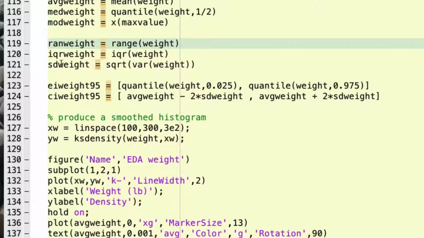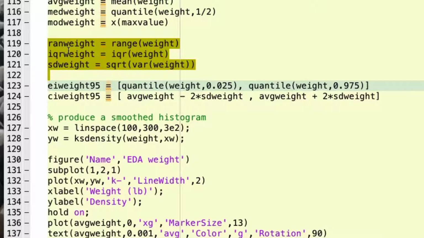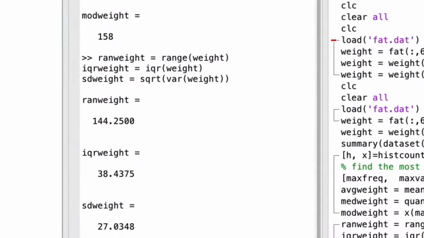And I can calculate the standard deviation of the weight, either as the square root of the variance of weight, or there is a straightforward function as well in MATLAB to calculate standard deviations. And I get 144 for the range, so that's the max minus the min, the interquantile range, the third quartile minus the first quantile, and the standard deviation of the weight.